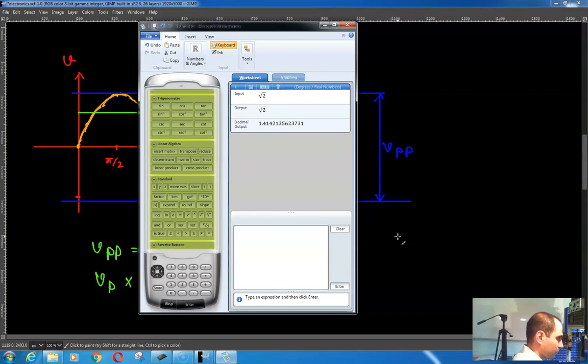You can take it to, for example, 4 significant figures, 1.414.